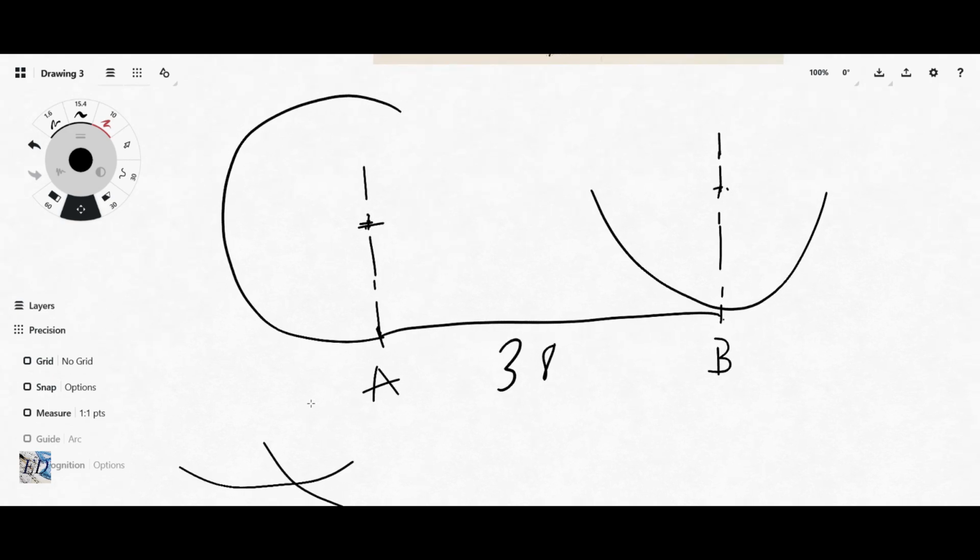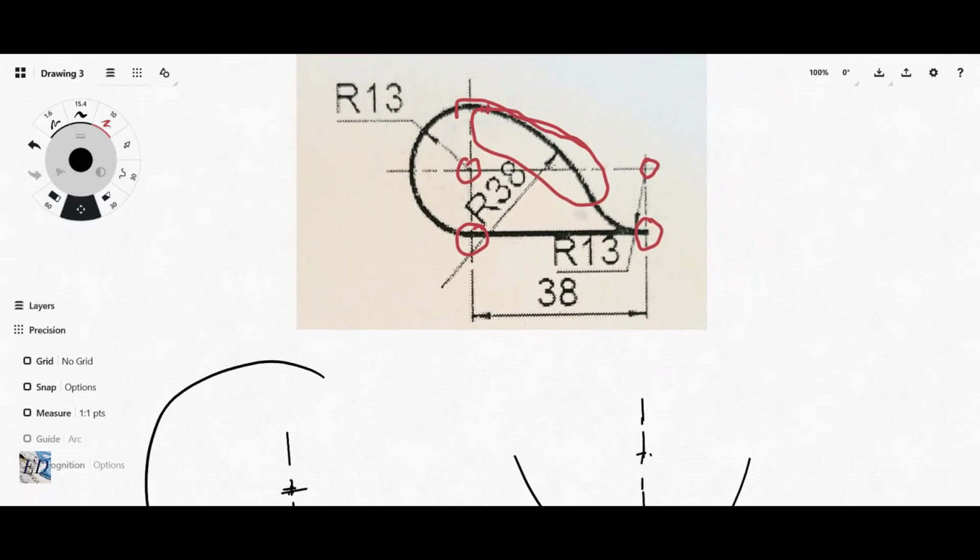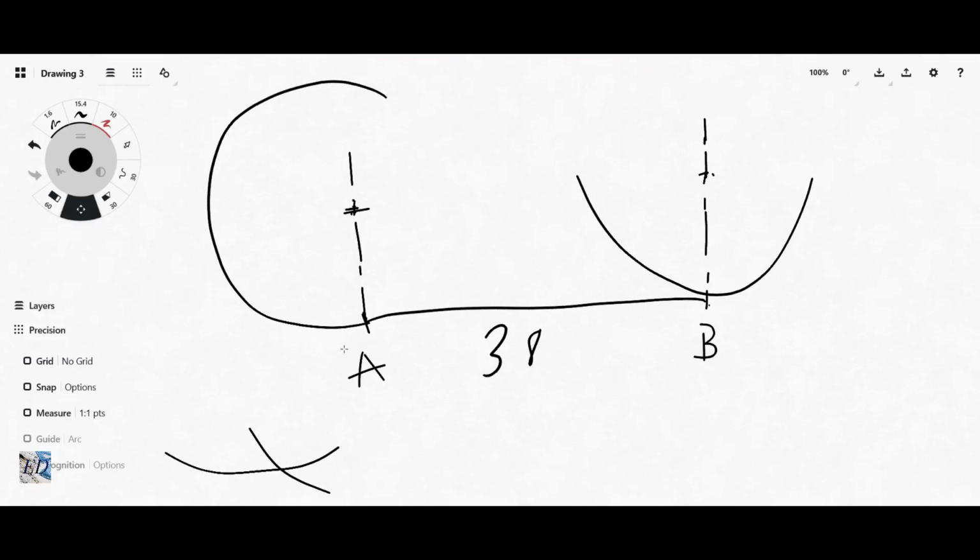So with your compass, you open to a radius of 38 millimeters, because that is what is being said here. Radius of 38 millimeters, right? And we found the center. So with the radius of 38 millimeters, you stand at this point and gauge where the 38 will reach on this arc.